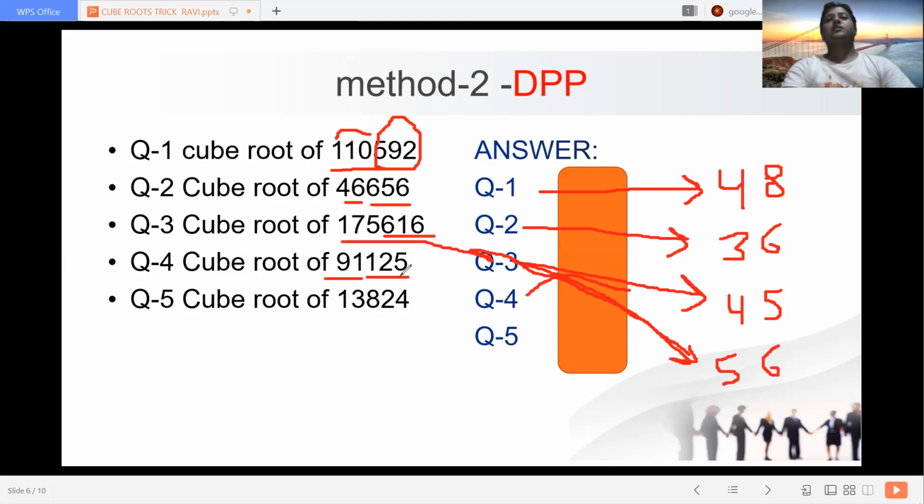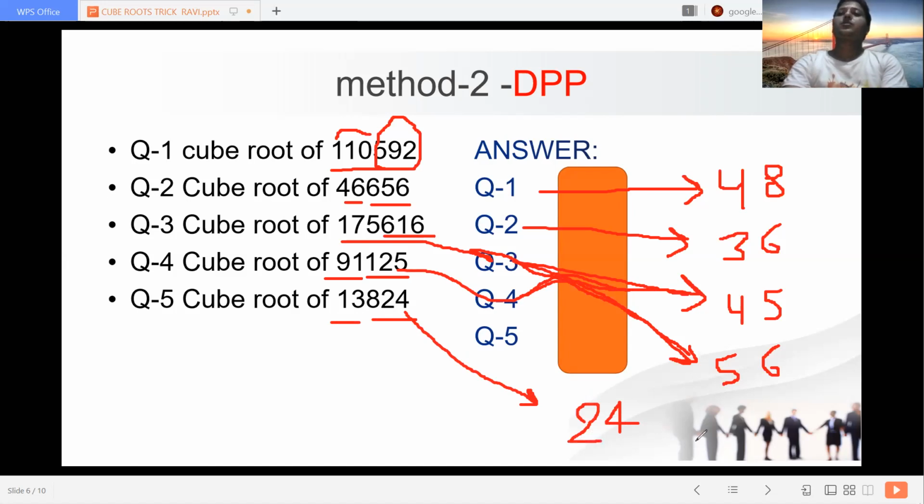Next, 13824: 4 cube generates a 4, answer carries a 4. 13 is just larger than 2 cube, therefore 24.